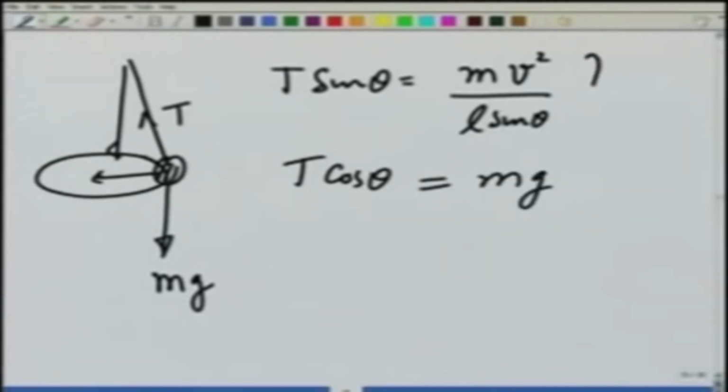We get two equations here, and therefore, we can solve them to get two quantities, theta and tension both, whereas when we are applying dL/dt equals tau, we are getting only one equation. The reason is that when you take cross products, some components drop out. So, what is the way out? But let us first solve this.